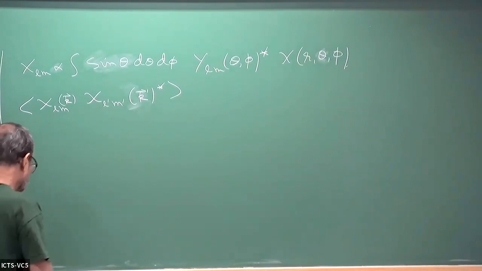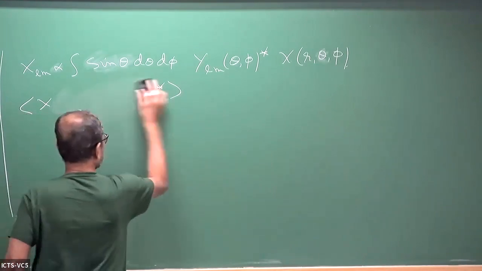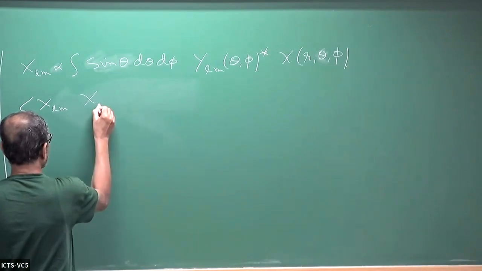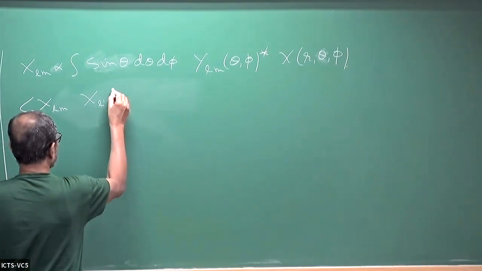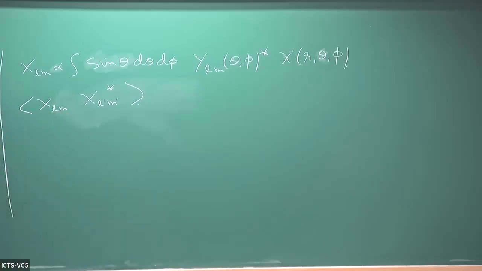Well, I shouldn't say k here because k has gone. This is the 2-point function. Yes. R is going with that.